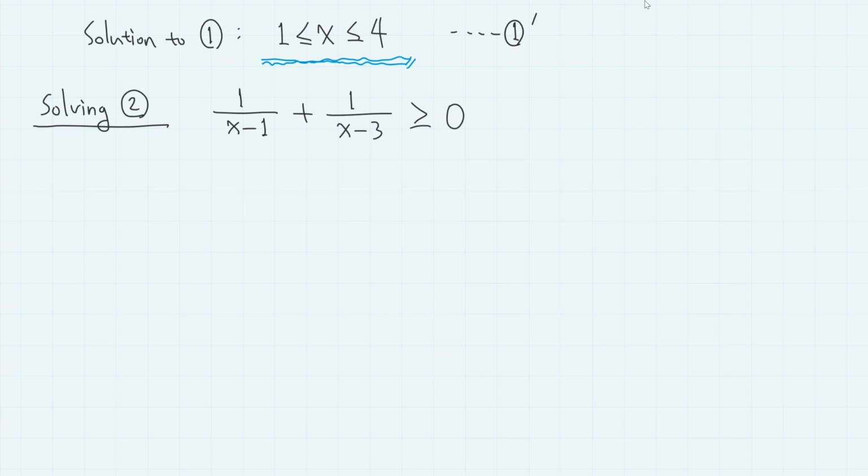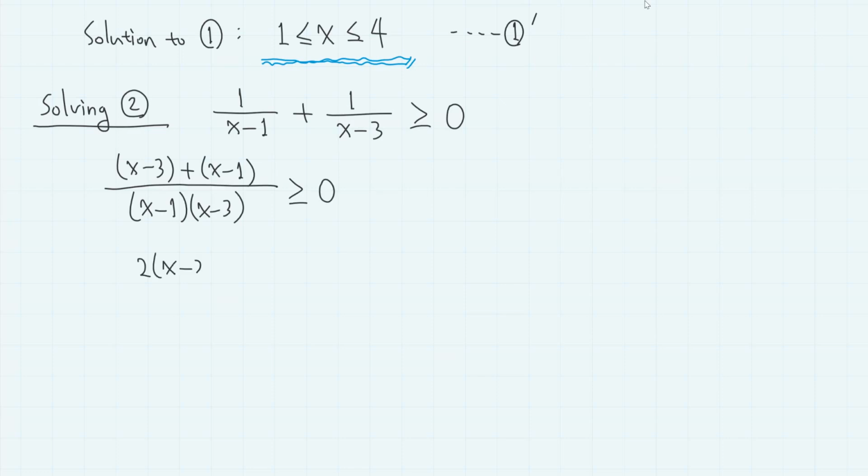Next, we move on to inequality number 2, the fractional inequality. Reducing to the common denominator x minus 1, x minus 3, we have x minus 3 plus x minus 1 at the numerator, which gives 2 times x minus 2 divided by x minus 1, x minus 3 is greater than or equal to 0. Here, this 2 can be cancelled out since we can divide both sides by 2.